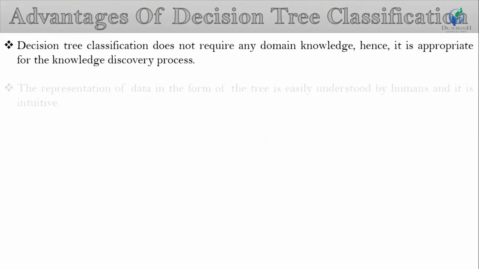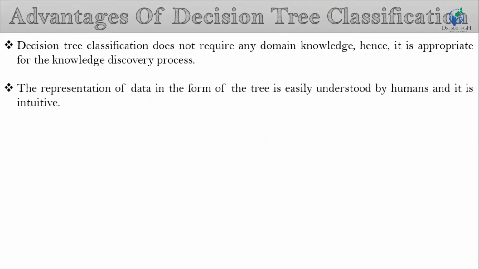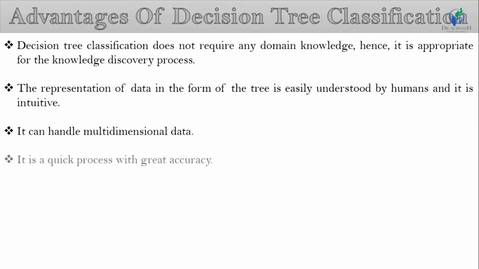Second one is the representation of data in the form of a tree is easily understood by humans, and it is intuitive. Next one is it can handle multidimensional data. Next one is it is a quick process with great accuracy.